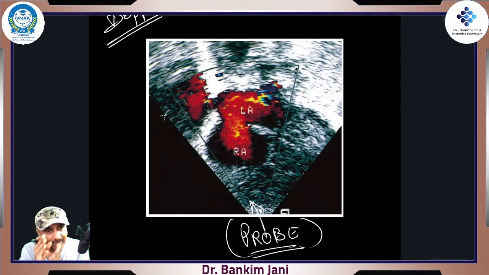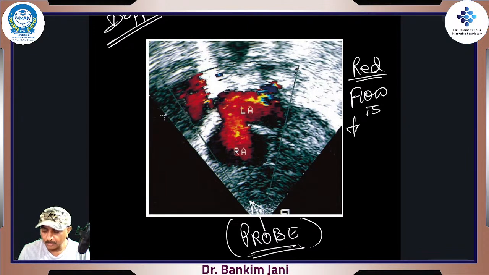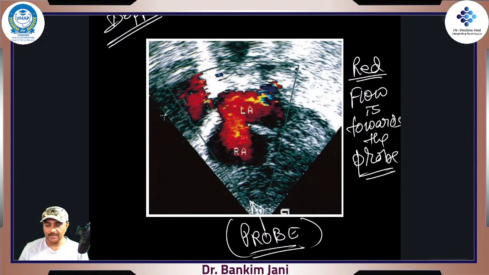We are listening in that direction, that blood is coming, blood is coming. These are computer generated things, right? By the algorithm, if the perceived frequency is rising, it will become red. So you can say red means the flow is towards the probe. How easy it is. And blue means flow is going away from the probe.